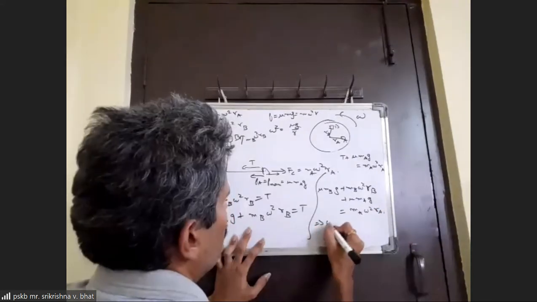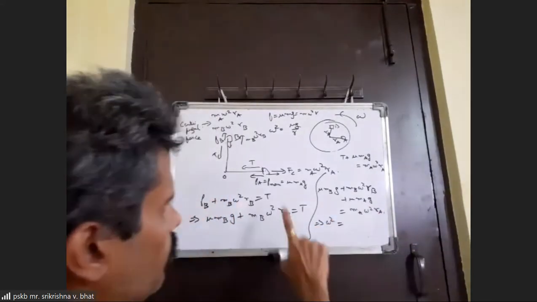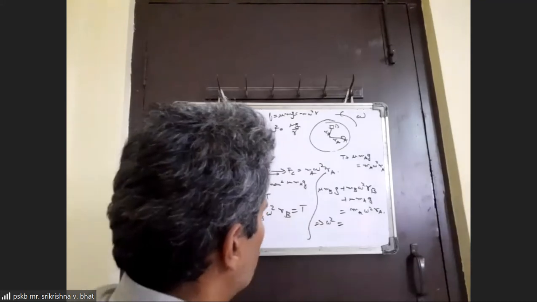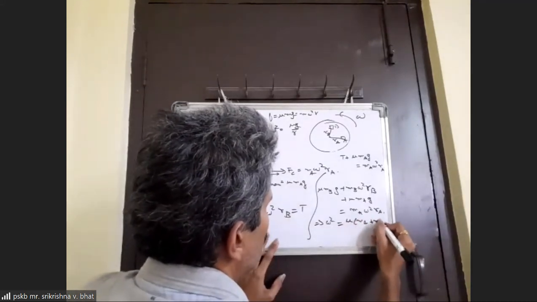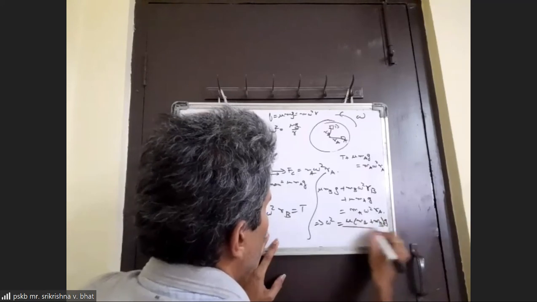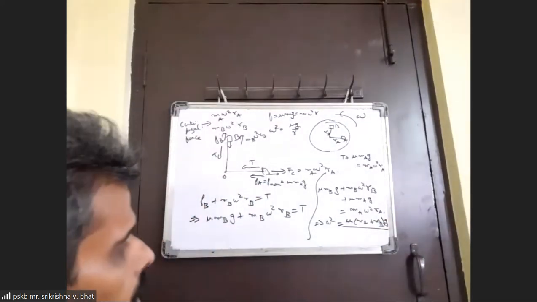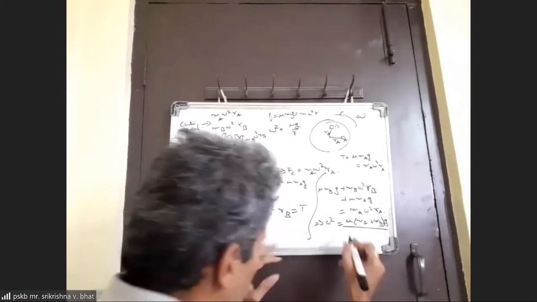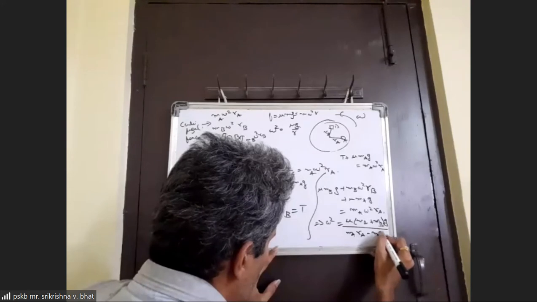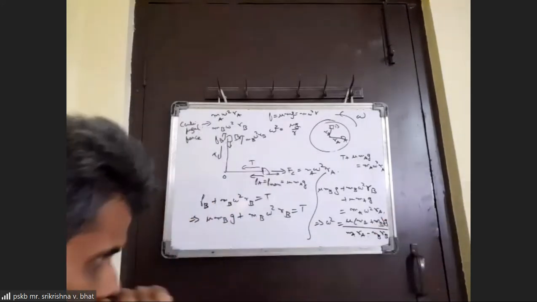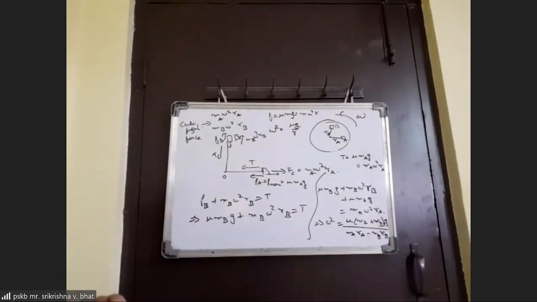So this gives you omega square is equal to, if you simplify, mu into (ma plus mb) into g divided by (ma ra minus mb rb). So the maximum omega that you are allowed before the blocks will start to slide comes out to be this.